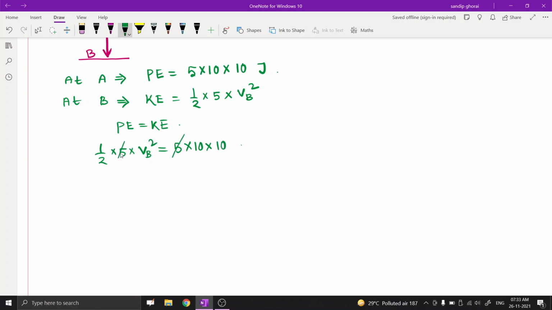So 5 cancels, and vb square is equal to 200. So your answer is vb is equal to root 200, or we can say 10 root 2 meter per second. Okay, so this is the answer.